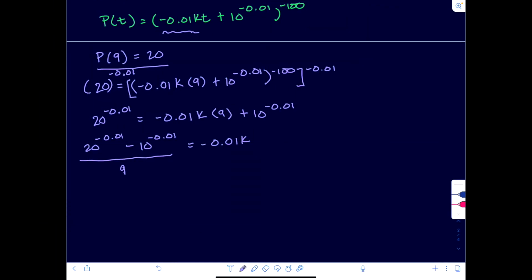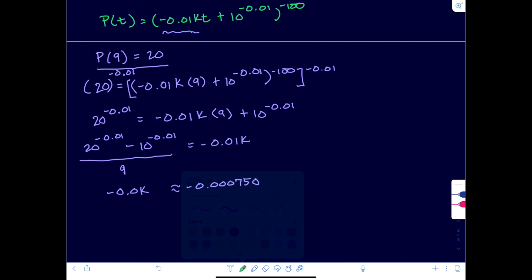And so we get negative 0.01 times k is approximately equal to negative 0.000750.